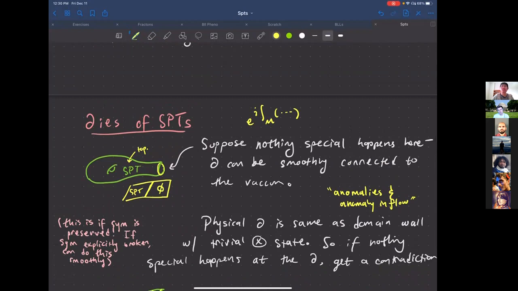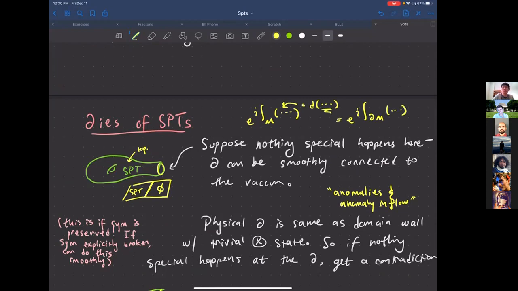Now, if M has a boundary, because this is topological, the thing appearing in these brackets can locally be written as a total derivative of something. And so in the presence of this boundary, I can write this as e to the i integral over the boundary of the thing appearing in here, right? I can kind of integrate things out onto the boundary.